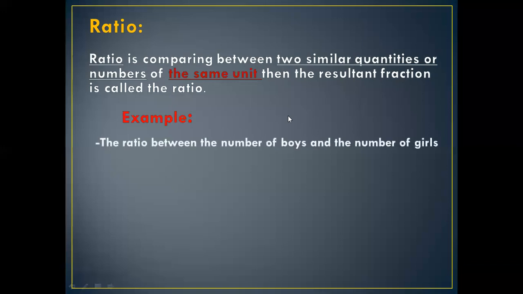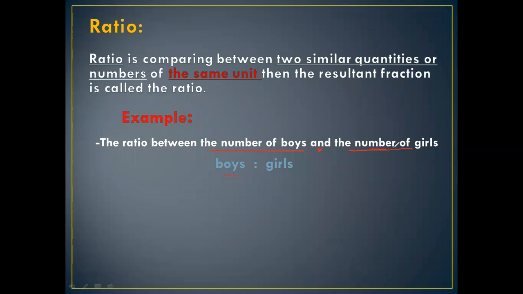Let's take an exercise. We have the ratio between the number of boys and the number of girls. Be careful here, we have to write the number of boys and then the number of girls. The question starts with the boys, so I will start with the boys.